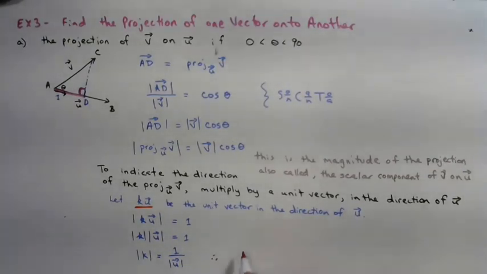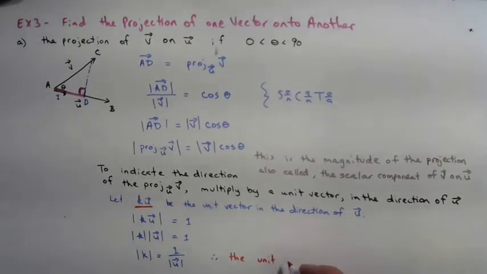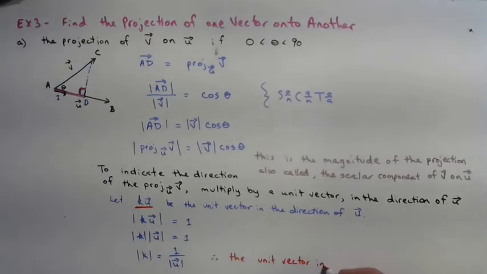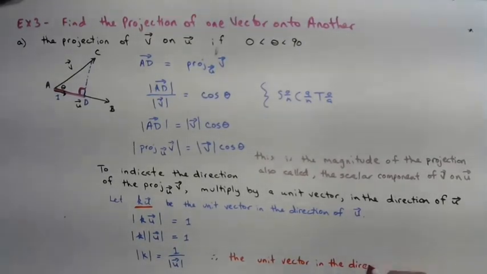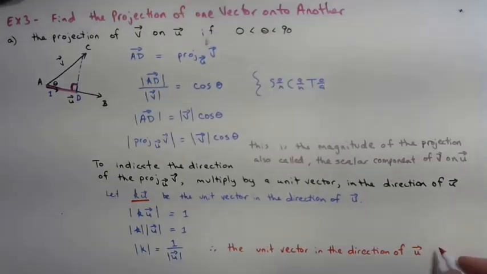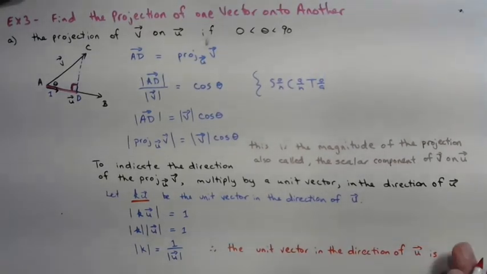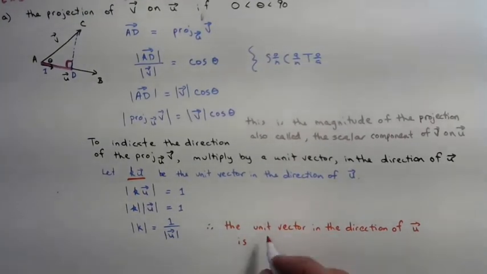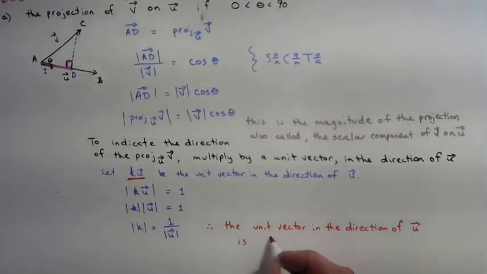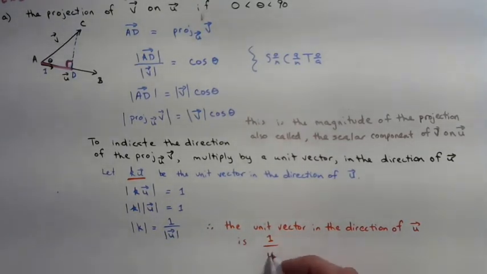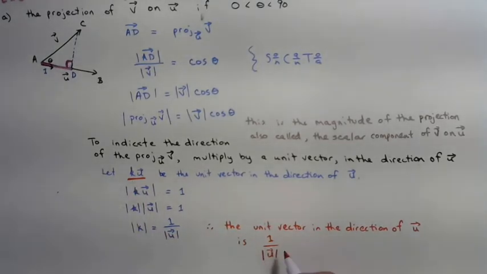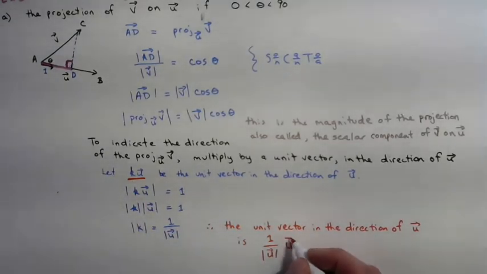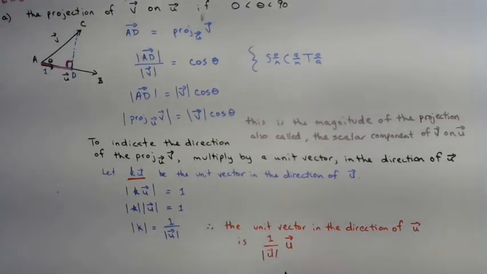So therefore, the unit vector in the direction of vector U is k, which is here, 1 over the magnitude of vector U, times U. Yes?